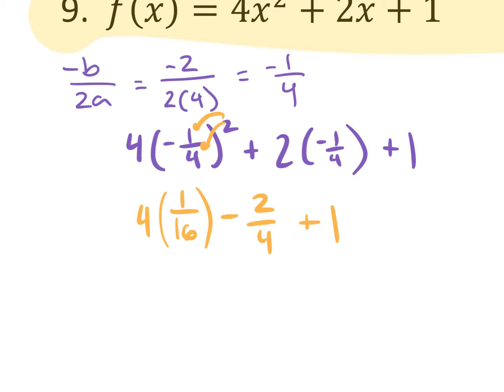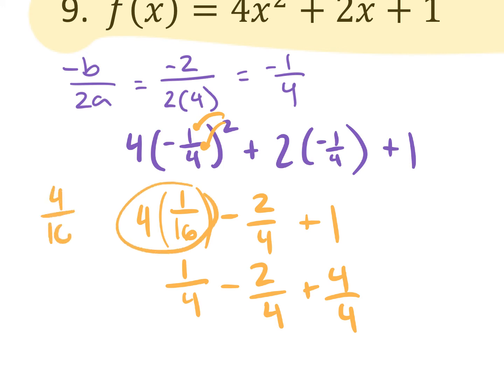So then when I multiply 4 times 1 over 16, that would be 4 over 16, which simplifies to 1/4. So I have 1/4 minus 2/4, and I'm going to change 1 to be 4 over 4. So this was 4 over 16, and I simplified the fraction because they both divide by 4, so 1/4.